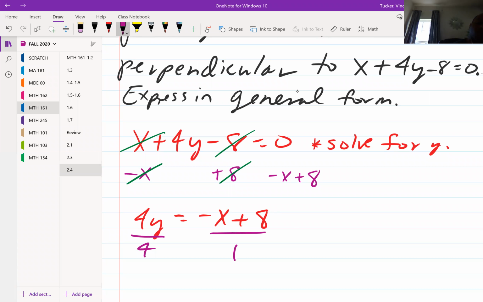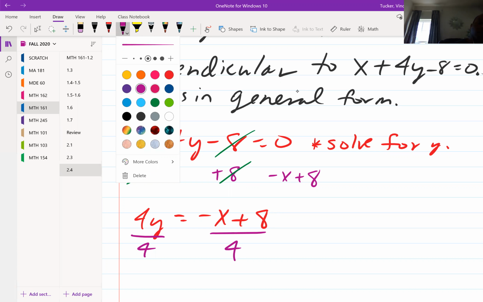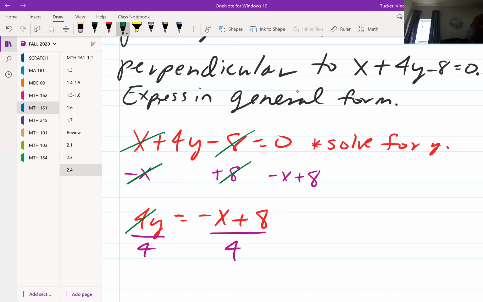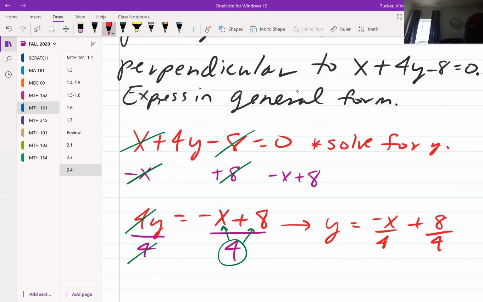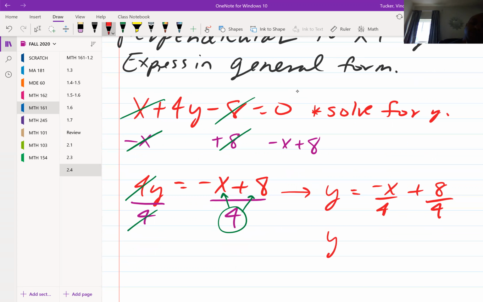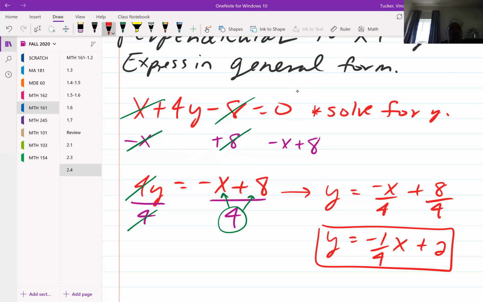Divide both sides by 4. These 4's cancel, and this 4, don't forget, has to be distributed to each term in the numerator. So y is equal to -x over 4 plus 8 over 4.